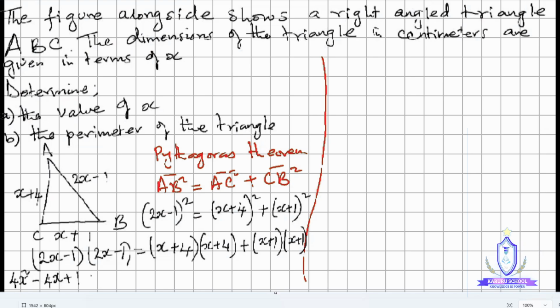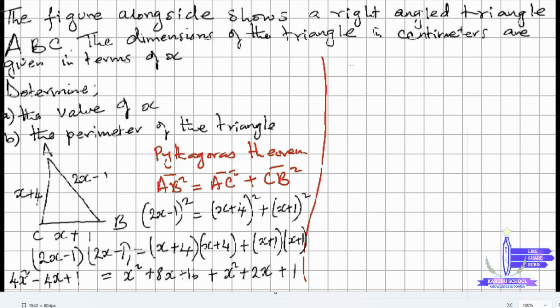So this one is equal to x squared plus 8x plus 16, and then we have plus x squared plus 2x plus 1.